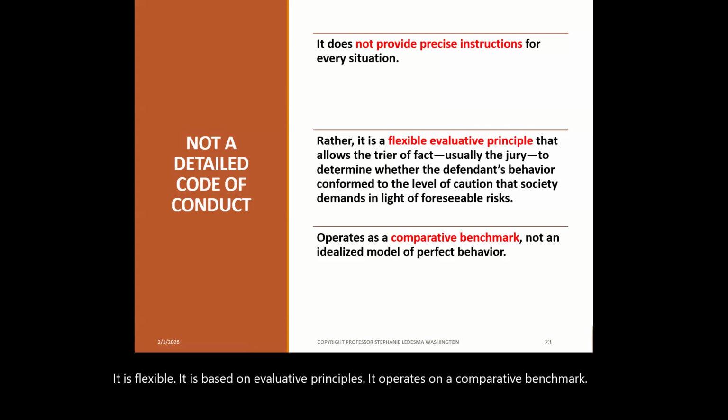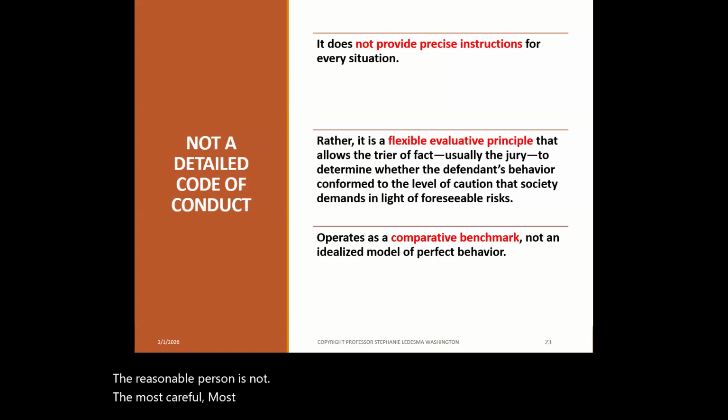Okay. Understand, the reasonable person is not the most careful, most cautious person imaginable. The reasonable person is not perfect. The reasonable person standard serves as a comparative benchmark, not an idealized model of perfect behavior, but a comparative benchmark.